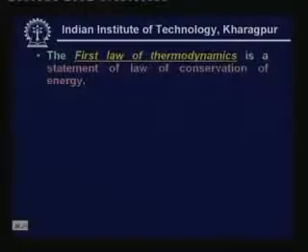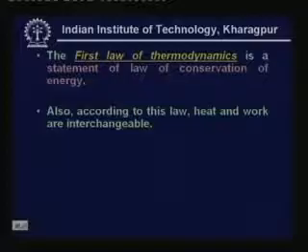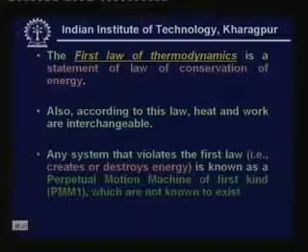Now let us look at the first law. The first law is actually a statement of the law of conservation of energy, and also according to the law, heat and work are interchangeable. That means you can convert heat into work or vice versa. And any system that violates the first law, which means one that creates or destroys energy, is known as a perpetual motion machine of the first kind, or PMM1.